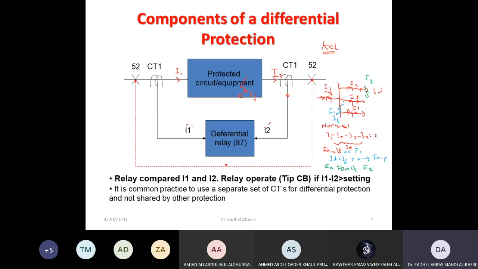Now if you take F2, this I4 is the same as I2. In this case, I differential, which is I1 minus I2 minus I3, still equals 0. So the relay will not trip; no trip action.